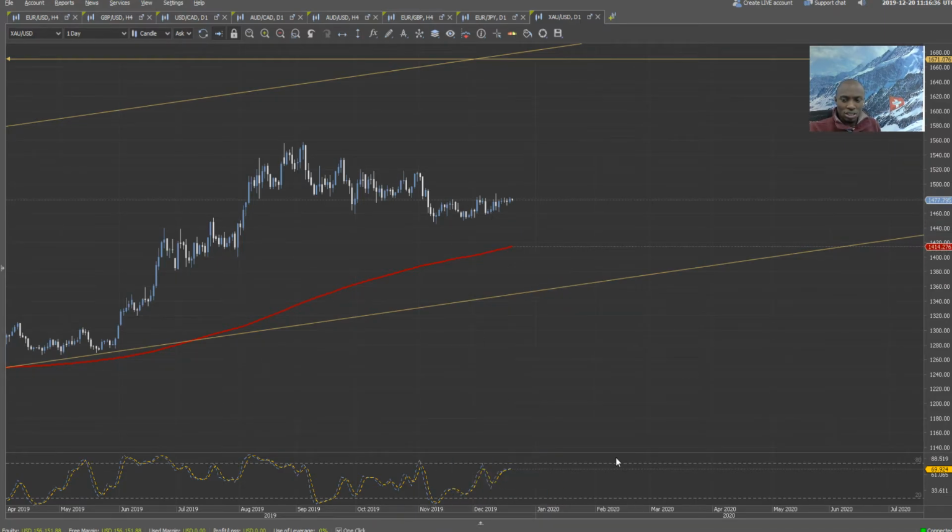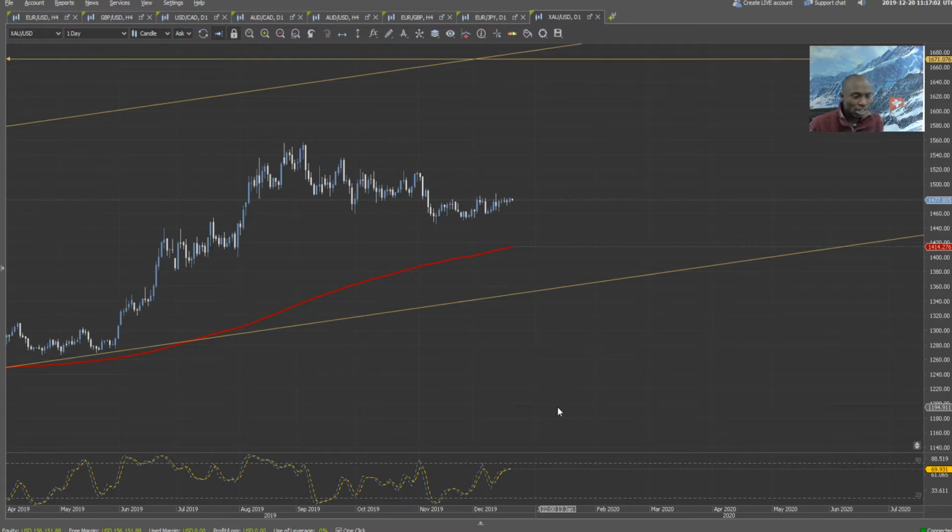Maybe the stochastic is telling me it's in the overbought zone, I want to buy. Sorry, overbought zone, I want to sell. No. What you need to be looking for when the price is trading bullish, or when the trend is kind of an uptrend, is to buy when it's in the oversold zone. You don't want to trade against the trend.